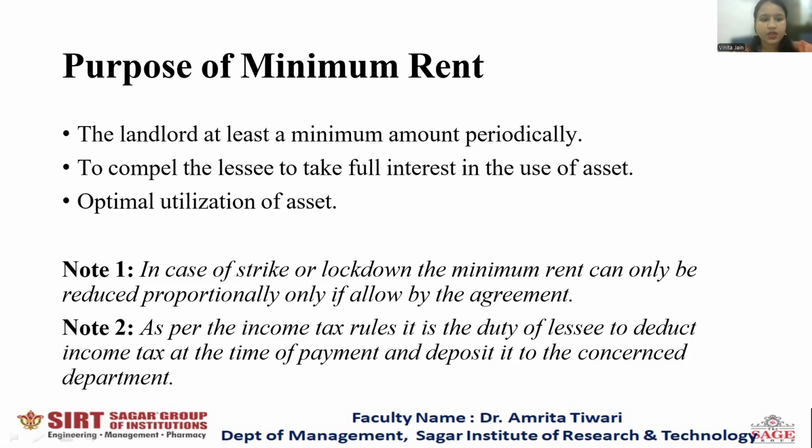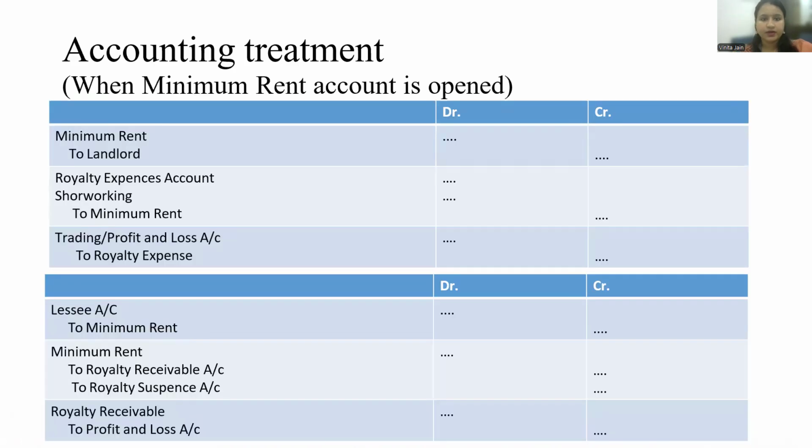In the case of strike or lockdown, the minimum rent can be reduced only if allowed by the agreement. As per income tax rules, it is the lessee's duty to deduct income tax at the time of payment and deposit it with the concerned department.